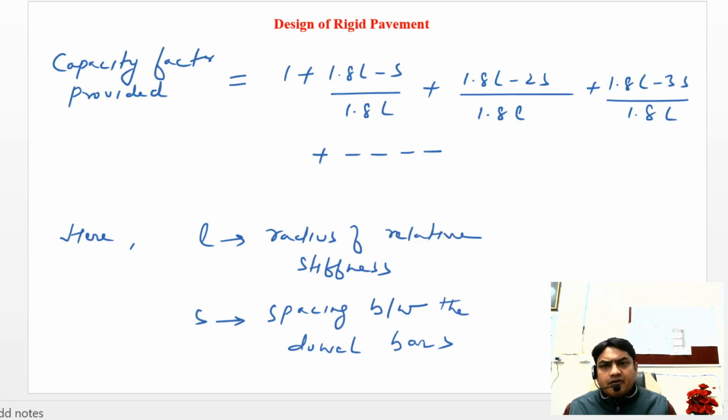And the capacity factor provided can be computed by this expression, that is 1 plus (1.8 L minus S) divided by 1.8 L plus (1.8 L minus 2S) divided by 1.8 L plus (1.8 L minus 3S) divided by 1.8 L plus so on and so forth, where small l is the radius of relative stiffness, that is (E h cube divided by 12 K into (1 minus nu square)) to the power 1 by 4, and S is the spacing between the dowel bars.